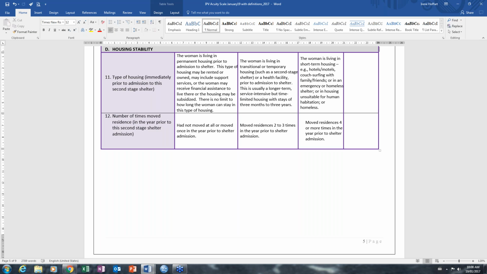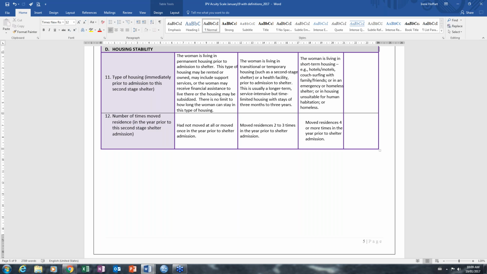A score of 3 would be now if somebody is living in a transitional or temporary housing. So maybe they were actually in another second stage shelter, and that second stage shelter couldn't provide the services that they needed, or maybe she moved to a different place. So then that would give her a score of 3.